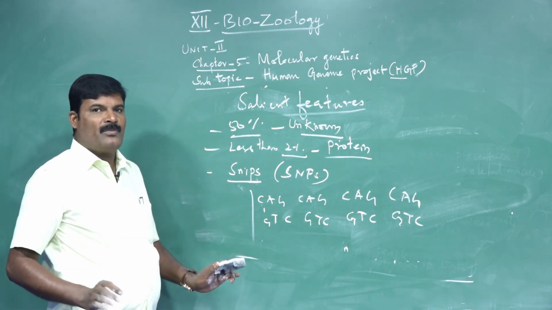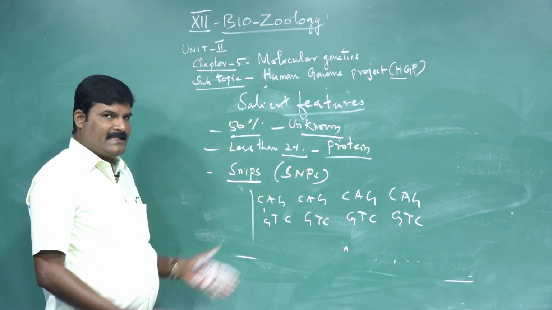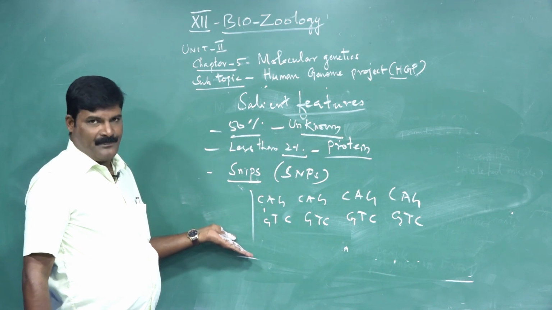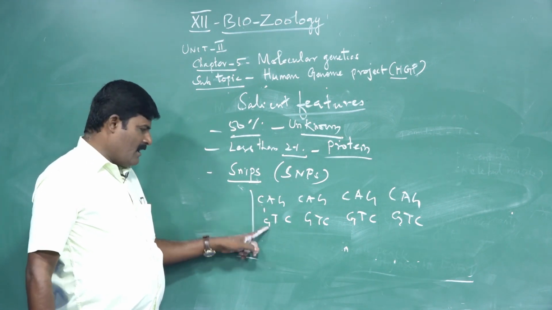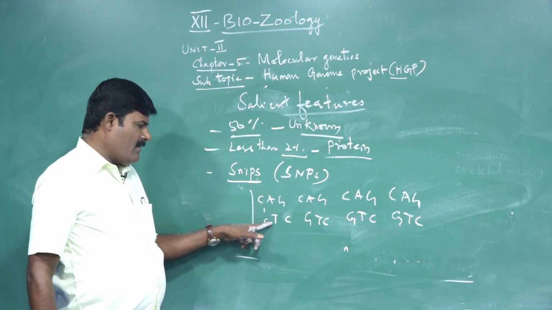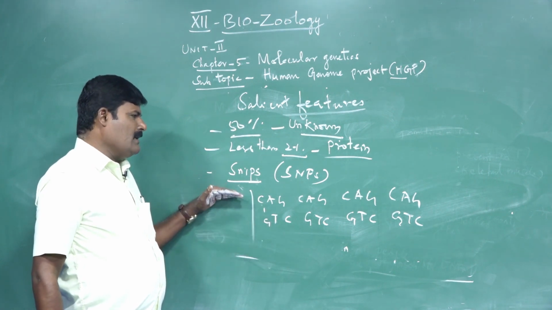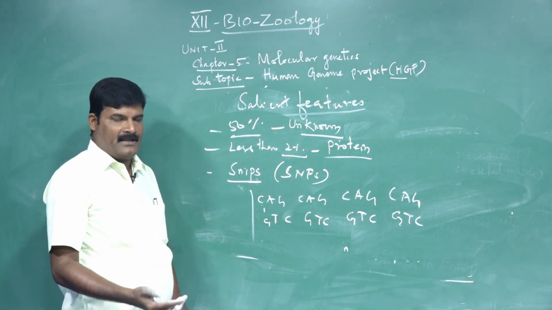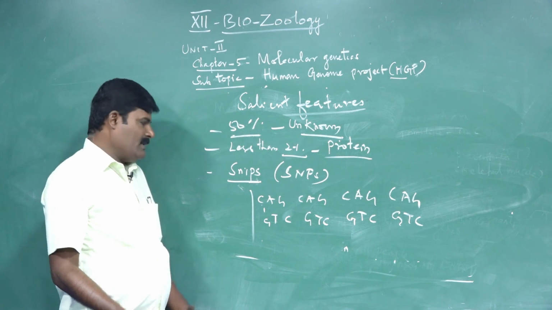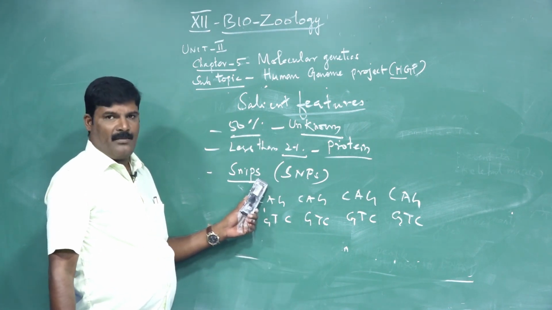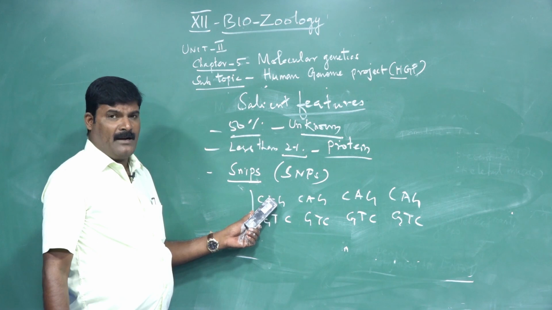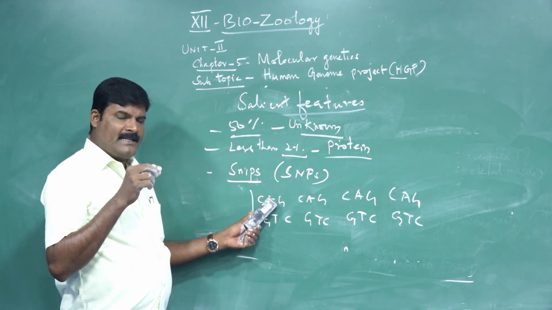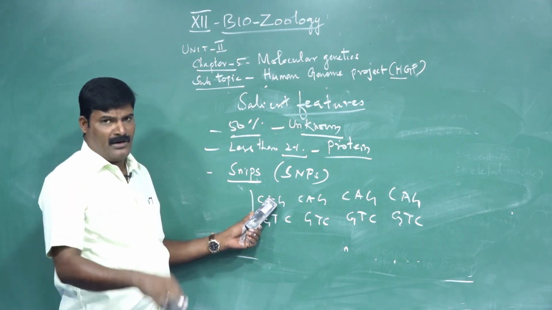This can be useful to identify and diagnose disease-related genes. Cytosine is always combined with guanine, adenine always combined with cytosine. This is a single nucleotide polymorphism. So one nucleotide sequence is repeated, the repeated portion. This is called SNPs. SNPs are useful to understand the genes, and disease-related genes are identified in an organism.